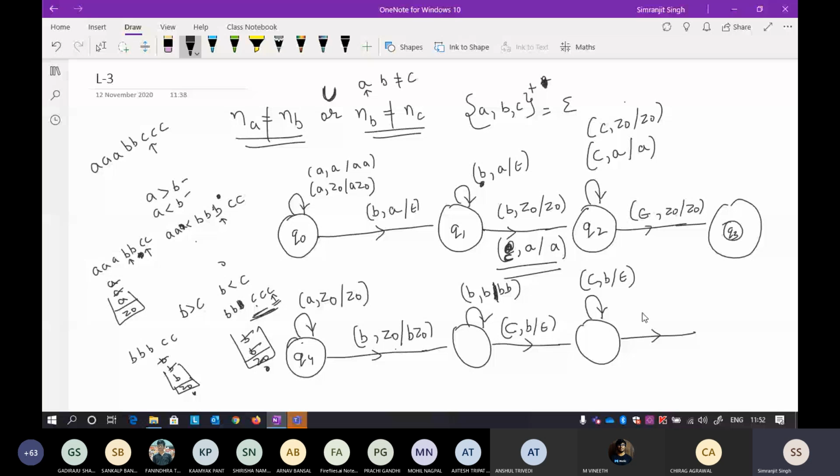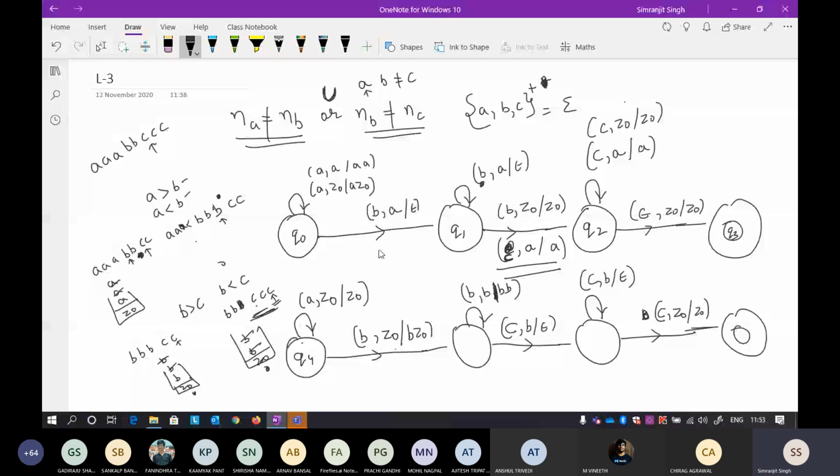So when the input is c, and at the top of the stack there is a z node, you do nothing, so z node will remain as it is, and I'm moving towards the final state. In the similar way for this another one, your input is over, and at the top of the stack there is a b.